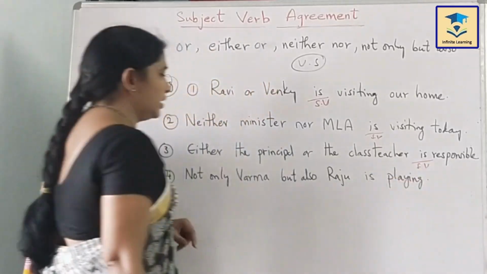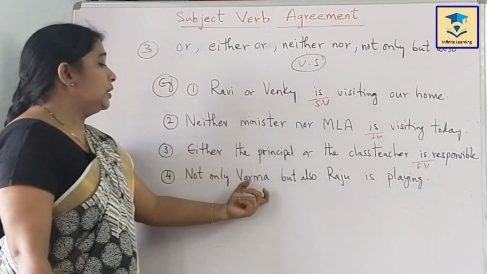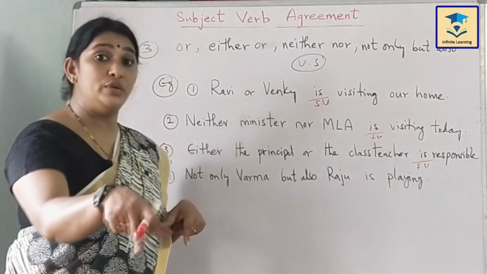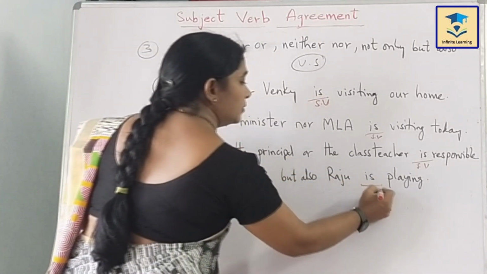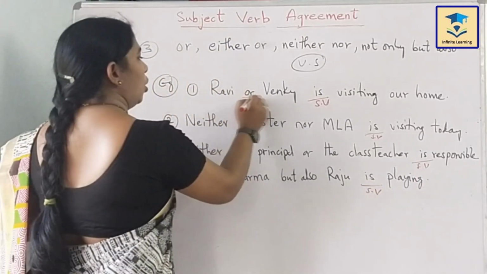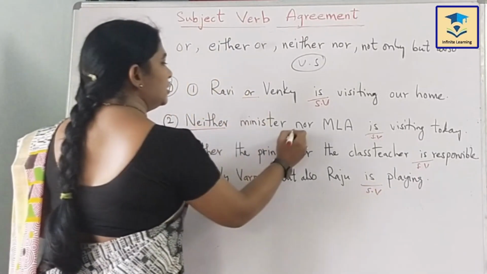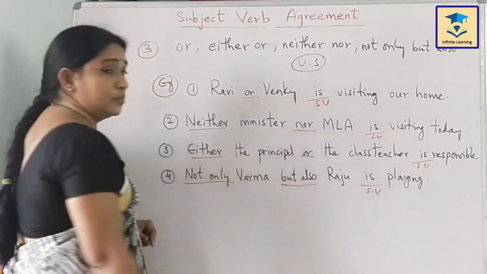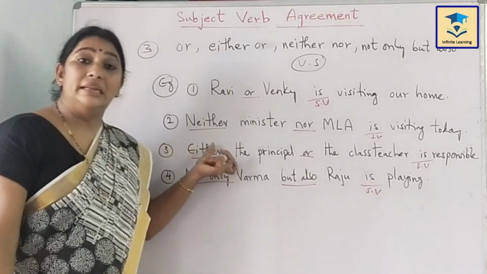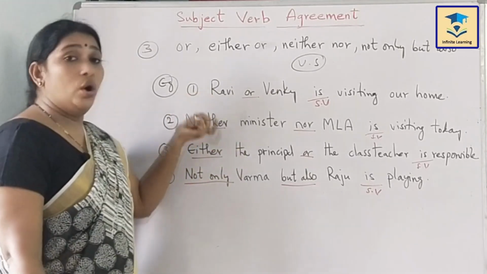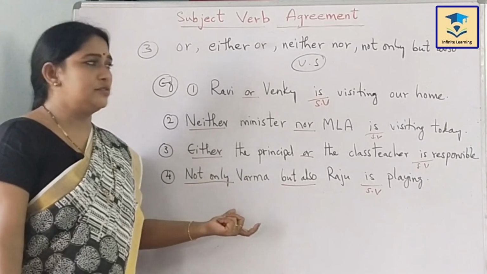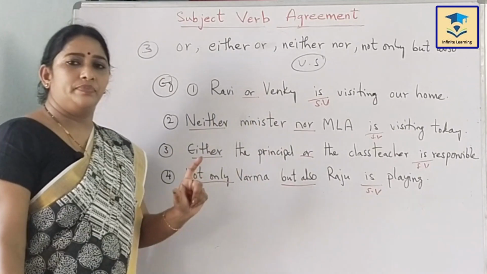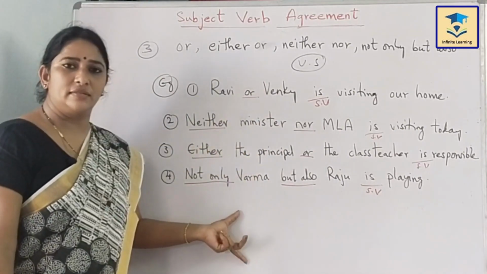So, we got a singular verb here. Not only Varma but also Raju is playing. So, we get a singular verb here. If the subjects are connected with these words, or, either or, neither nor, not only but also, then surely the verb will be singular in all these cases.